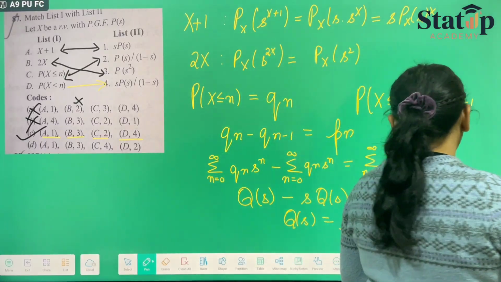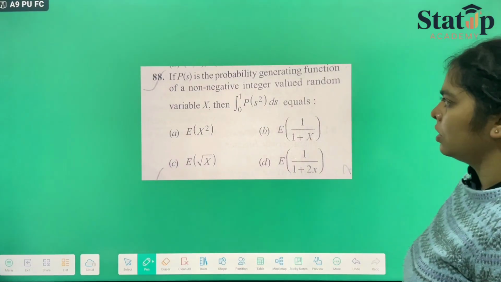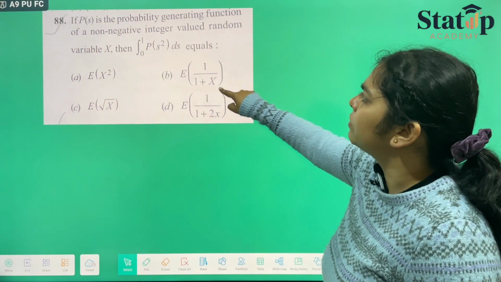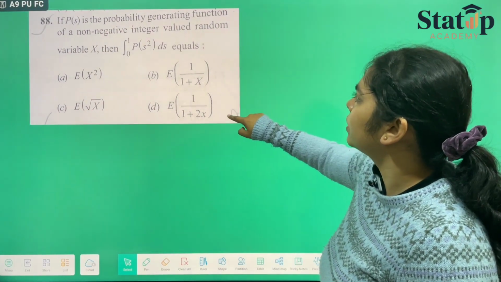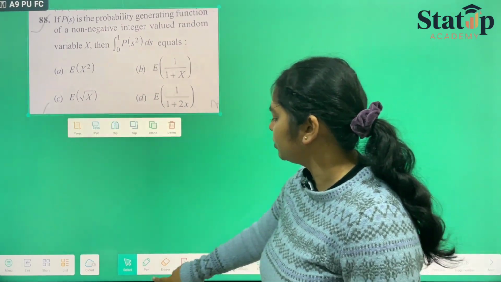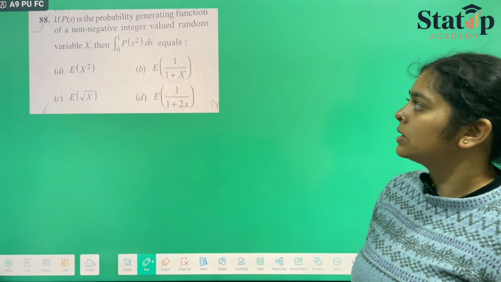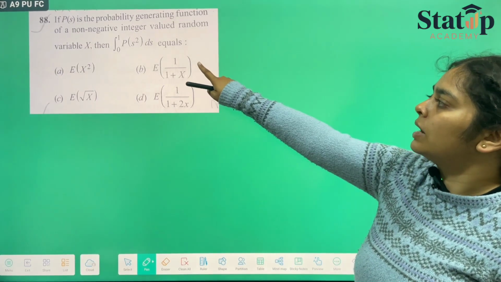Now moving forward to another question. Here, in this question, they have given us the probability generating function of a non-negative integer valued random variable X as P(s), and then they have asked us to calculate this.